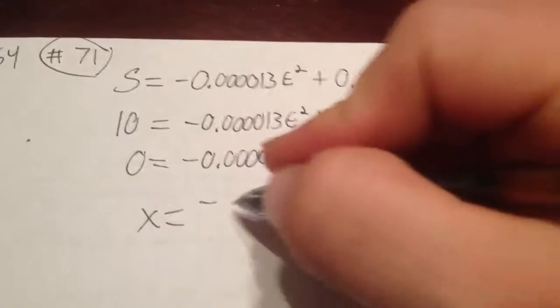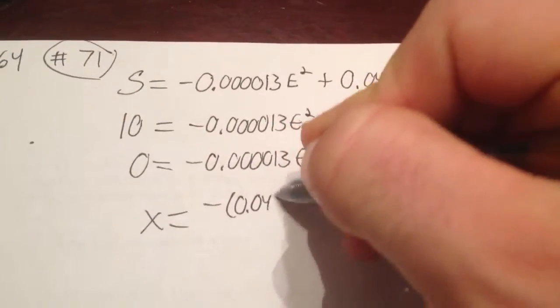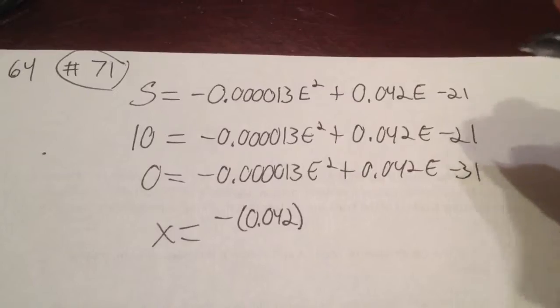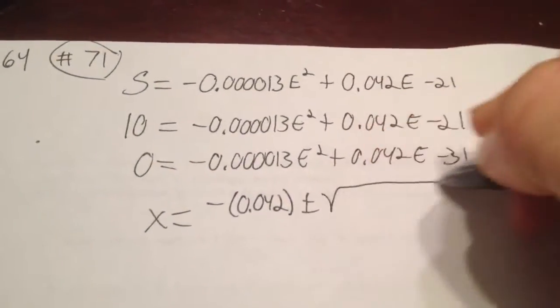Bear with me for just a second because I'm going to fill in my formula. And it's going to be kind of ugly here because these are some pretty ugly decimals.